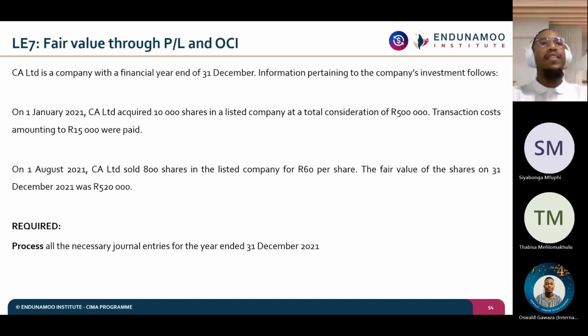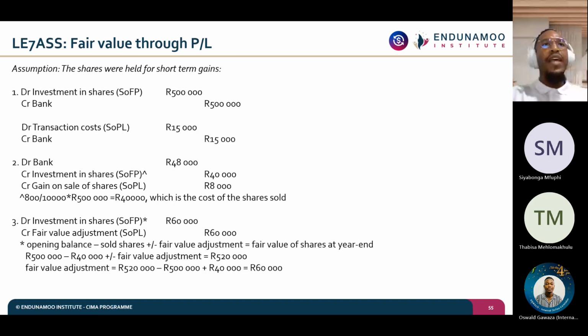The information here, the fact pattern here is silent. So we have to make assumptions. The first assumption is that they are held in accordance with the fair value through profit or loss model. So the assumption is that the shares were held for short-term gains. At initial recognition, we would have to debit the investment in the shares in the statement of financial position with 500,000, being what?